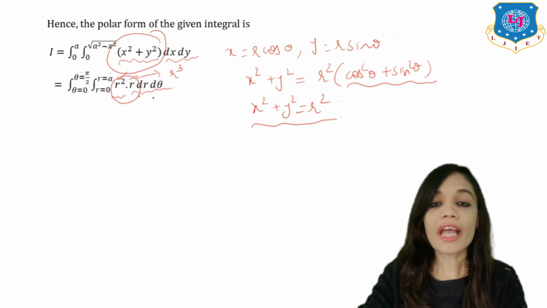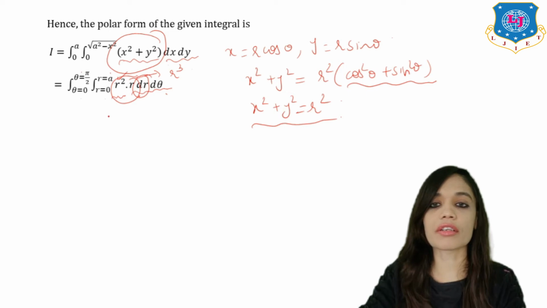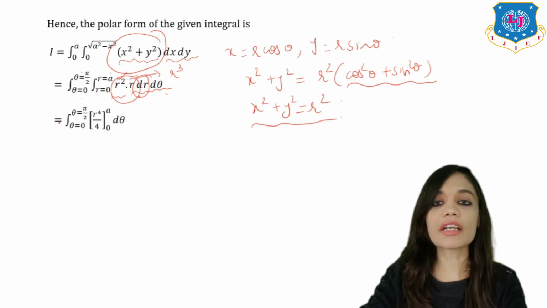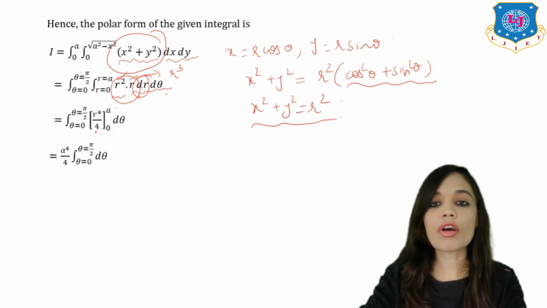r cube, right? And now we'll integrate this with respect to r first, keeping theta as constant. So now our integral will be equal to integration from 0 to pi by 2, and integrating with respect to r, you will get r raised to 4 upon 4, and the limits are 0 to a, d theta. Now let us put the limits in place of r. So what will you get? a raised to 4 upon 4.